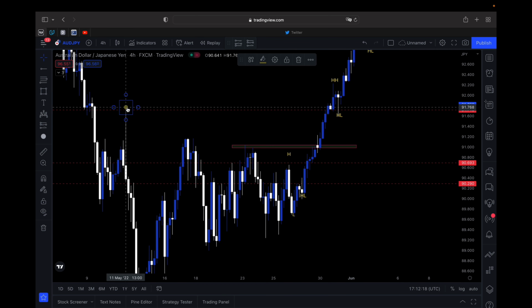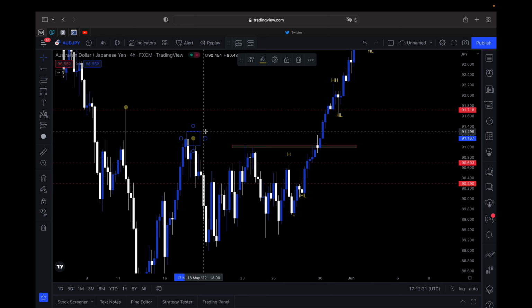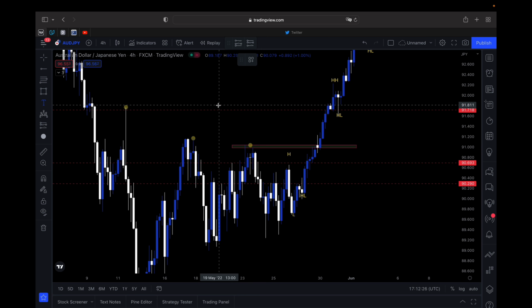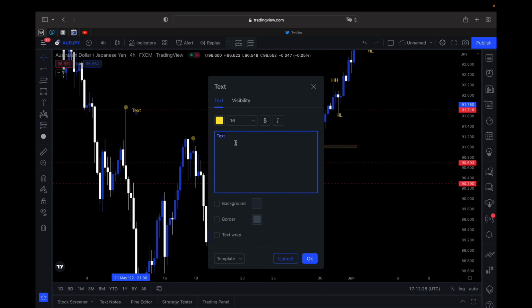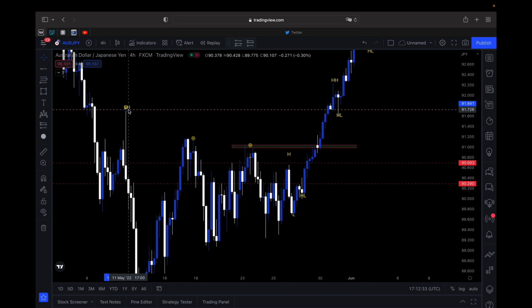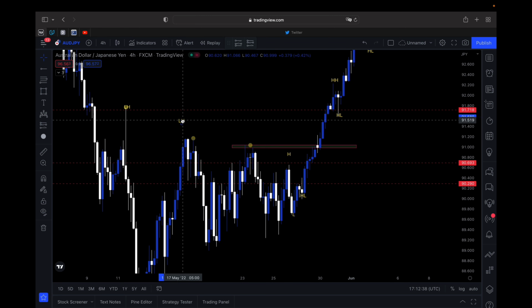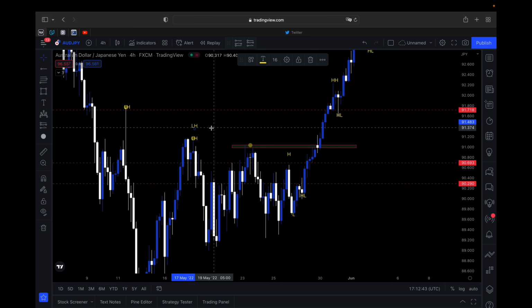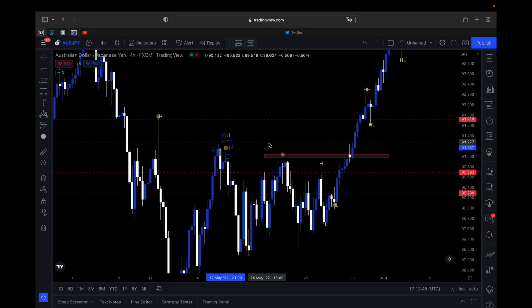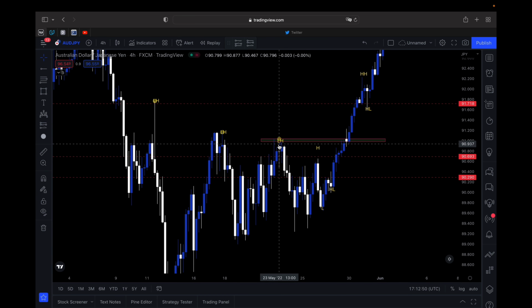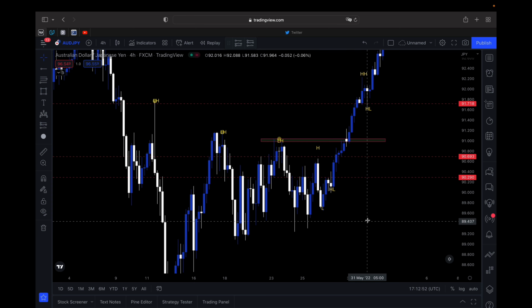You can spot a lower high here, a lower high here, and also a lower high here, a lower high, a lower high here, and a new lower high here. So I pick my level here.